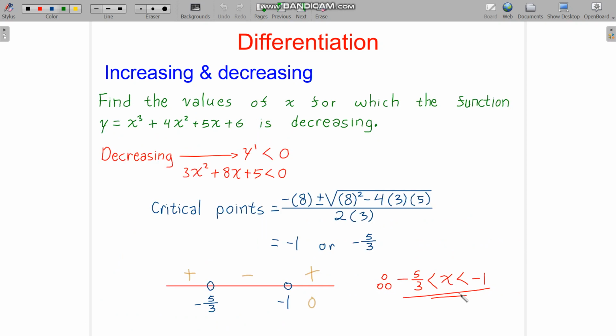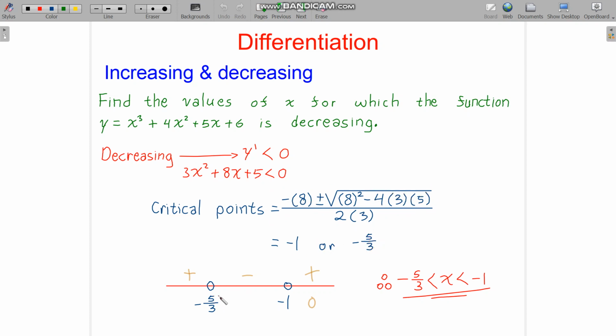So for example, find the values of x for which this function is decreasing. Decreasing means the y prime is smaller than 0. The y prime is, we differentiate here, we get 3x squared plus 8x plus 5. And we can find the critical points. This is solving a quadratic inequality. We find the critical points using the quadratic formula. We get -1 and -5/3.